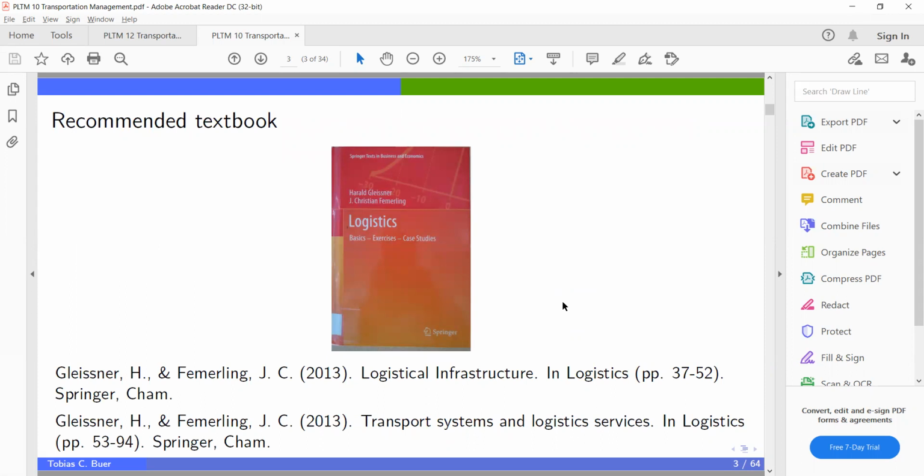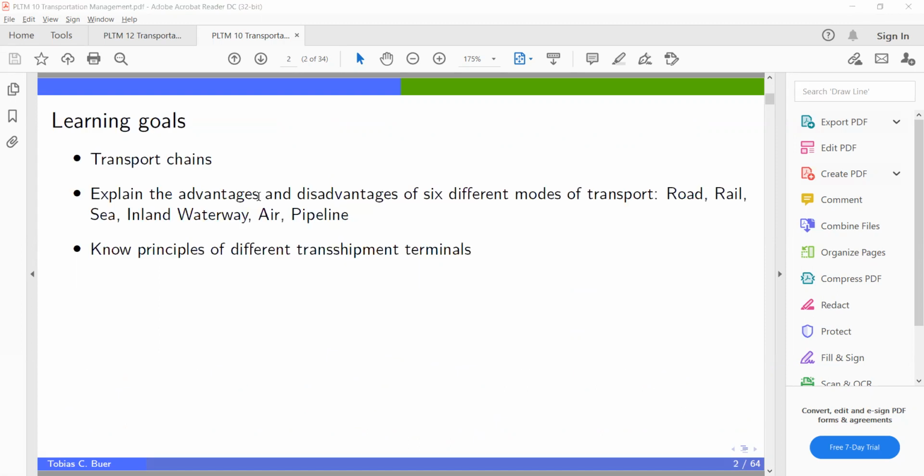And the learning goals: you should understand what is a transport chain. You should be able to discuss advantages and disadvantages of the different modes of transport. What are the different modes of transport? Road transport, rail transport, sea transport, inland waterway transport, air transport, and pipeline transport.